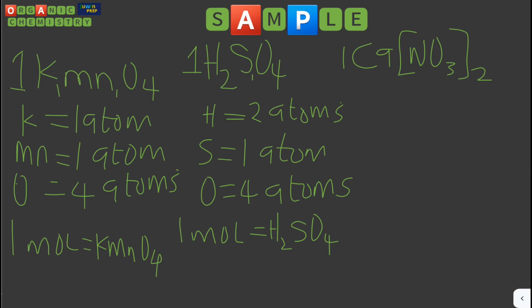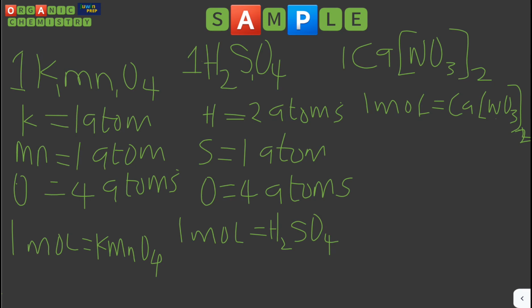So we'd say 1 mole of Ca(NO3)2. Next we would focus on the moles, sorry, the atoms.